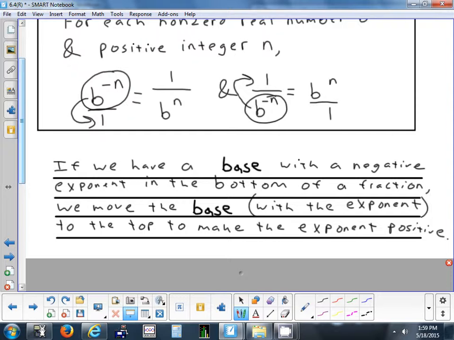And the second blank? Make exponent positive. So those two blanks for that first bullet are going to be top and positive. Guys, if you're not sure about that, I can come around and double check.